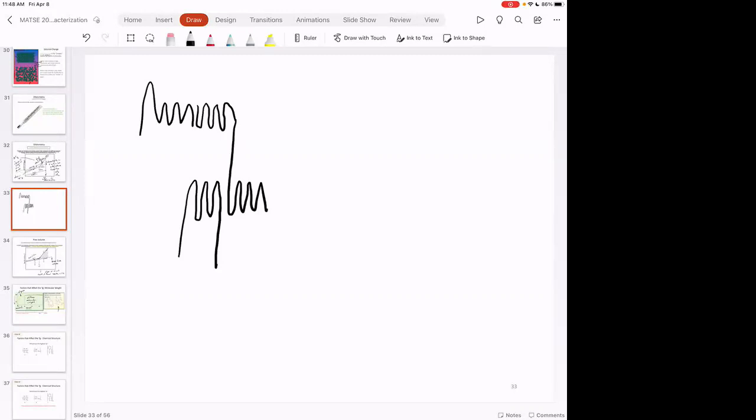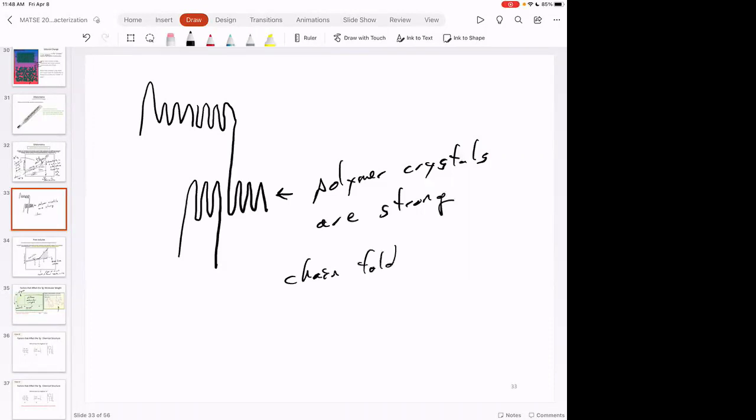And the crystals themselves are organic molecules with covalent bonds in the crystal. So polymer crystals are really tough. Or let's say are strong. And we know polymers are already tough. And we call these chain folded lamellae.